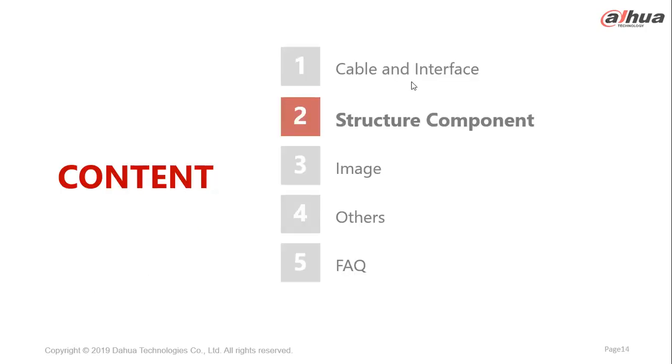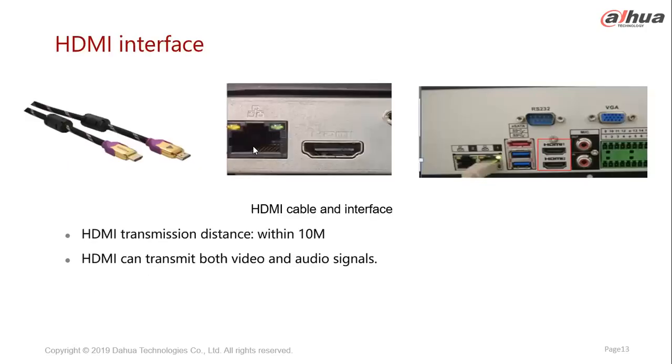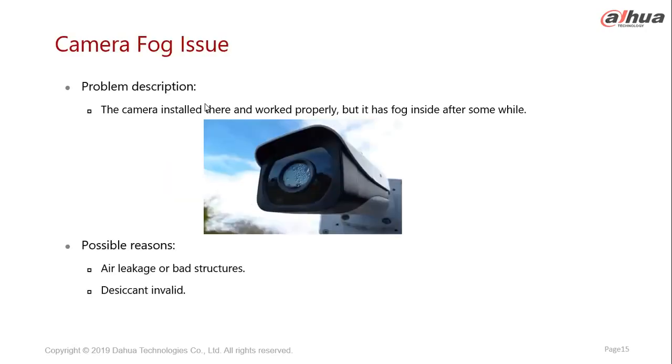So maybe some of the issues we talk about. You might face a problem where you have camera fog. That is, you have a bit of steam inside the camera. The possible reasons that might cause this are air leakages. That is, while you are doing installation, maybe you opened the camera and did not close it well.